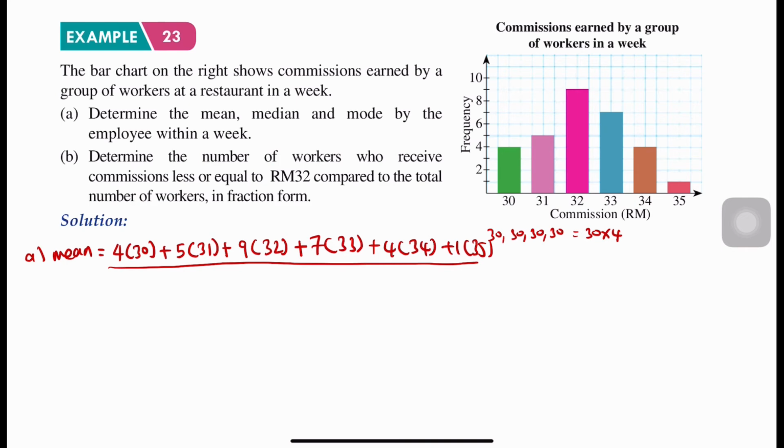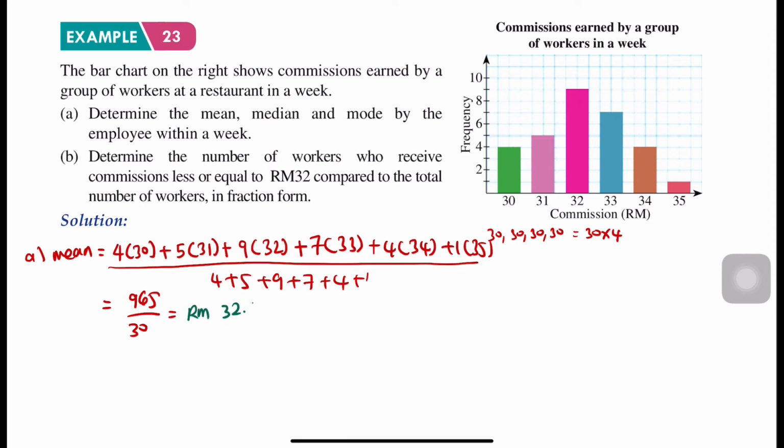Total frequency tambahkanlah. Ni 4 plus 5 plus 9 plus 7 plus 4 plus 1. Okay, and we will get 965 over 30, and your answer is RM32.17.